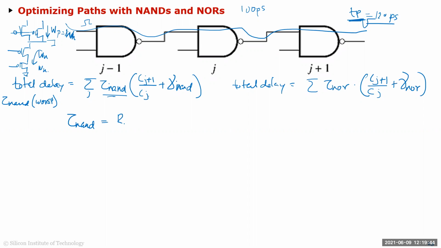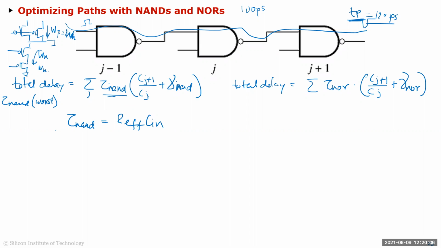so this will be R effective C in, just like before. And the NAND gate I'm taking here is, so this is, I think, 2WN.